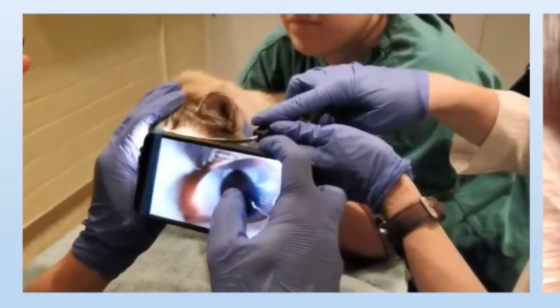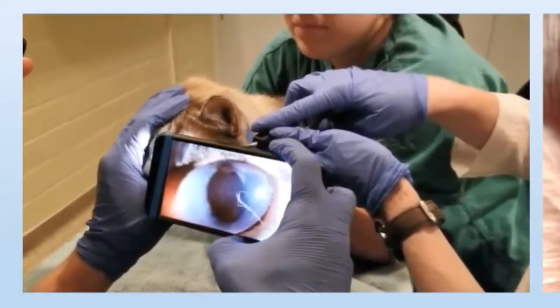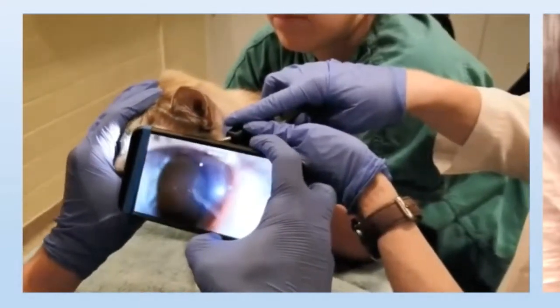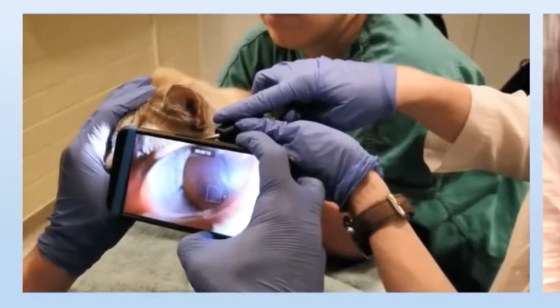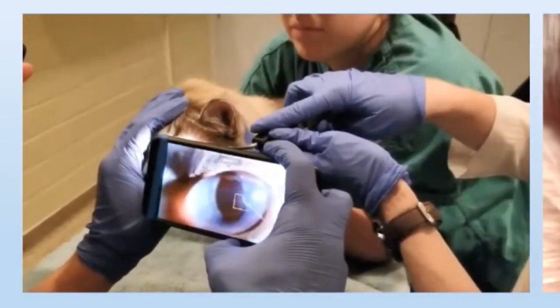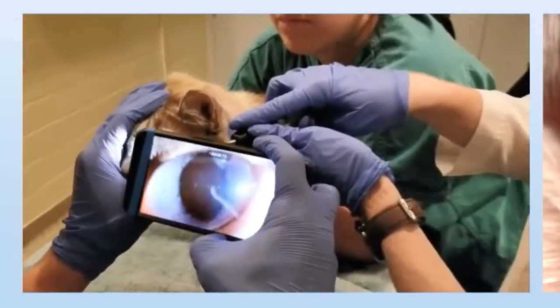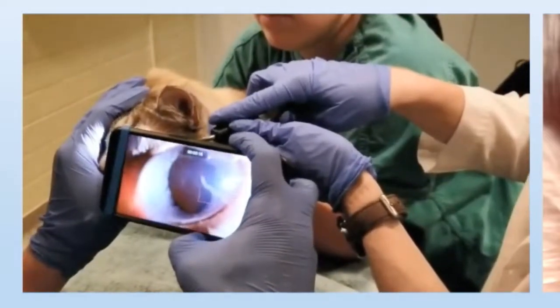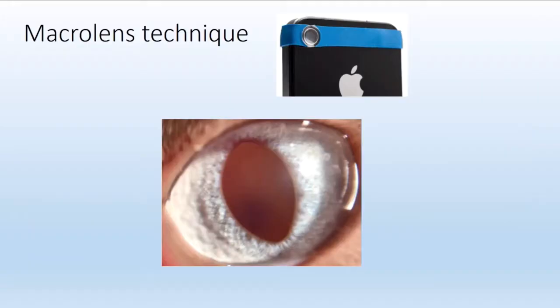There is a student with a transilluminator in between my phone and the eye here, and I'm only about 1 or 2 centimeters away from the eye. I'm collecting a video. I just paused and then got this representative image of a normal eye.